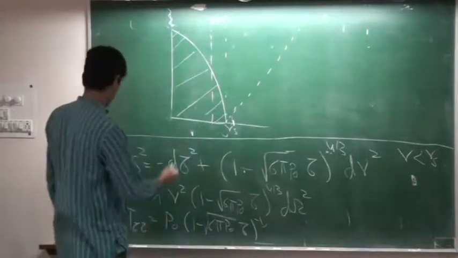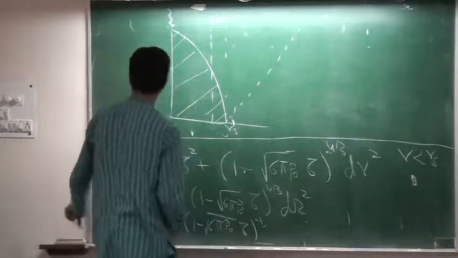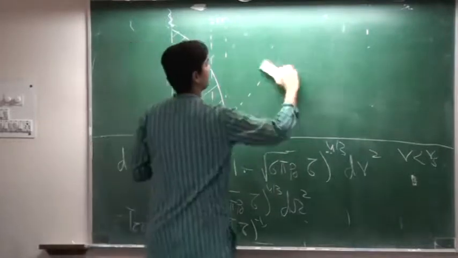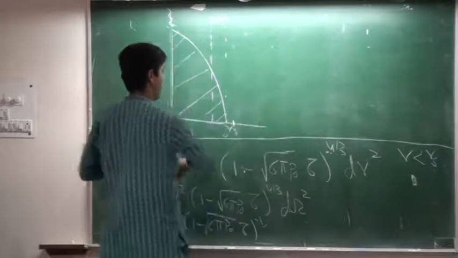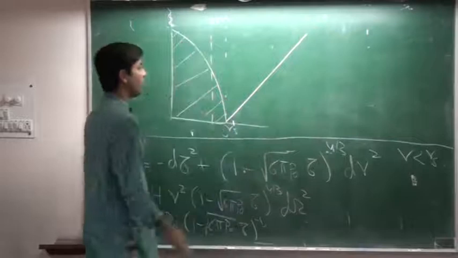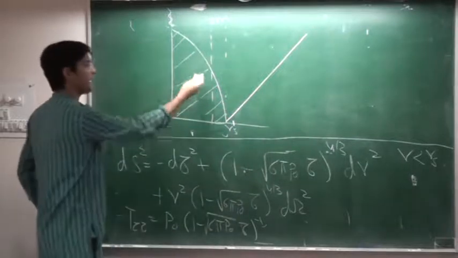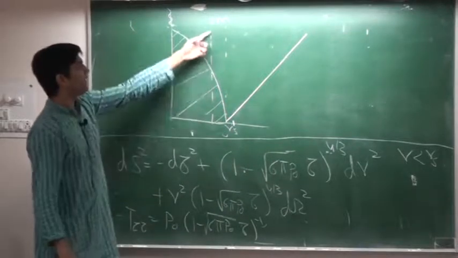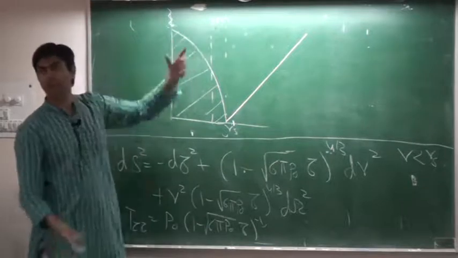But as you come closer and closer to here, you take light rays in the beginning, and when you look at light rays that are emerging from here, these light rays basically get trapped at x equal to 2m. Okay?